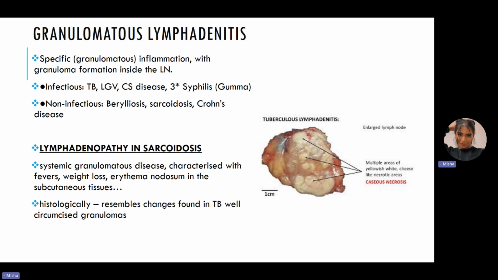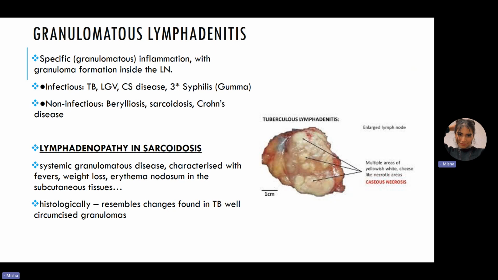For toxoplasmosis, we can talk about small epithelioid granulomas. And then we can have, for example, mesenteric lymphadenitis seen in the case of Yersinia, or Whipple's disease can also be talked about. Or we have non-infectious granulomatous lymphadenitis seen in, for example, beryllium poisoning or silicosis, right?